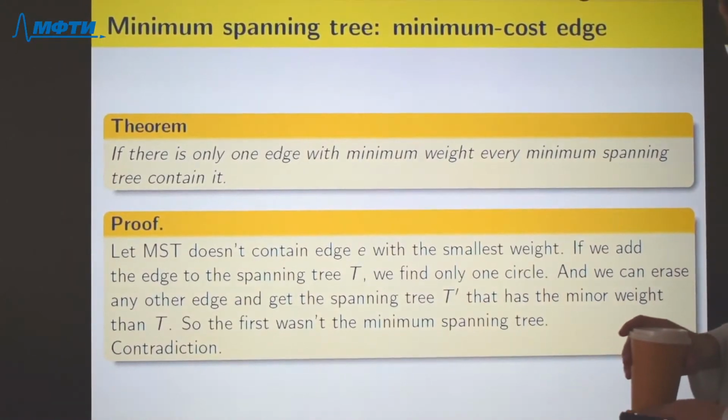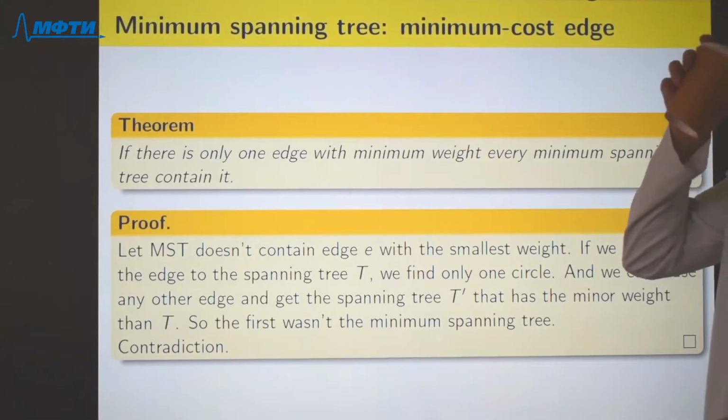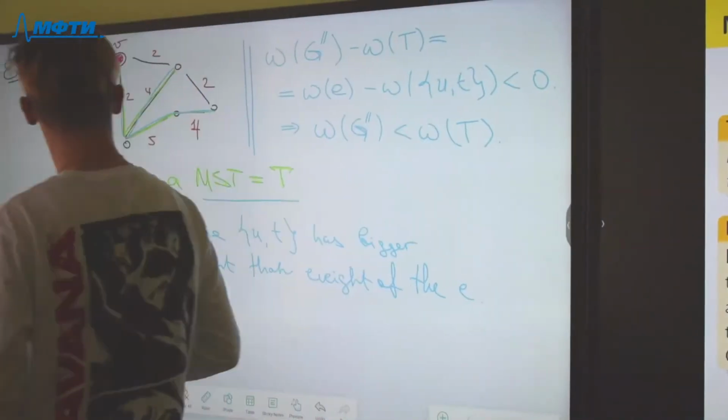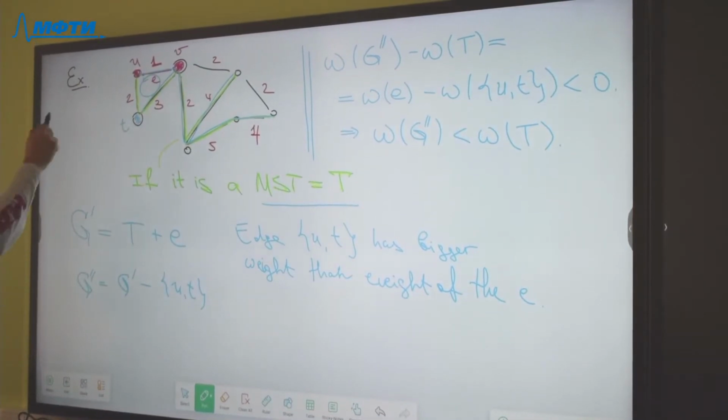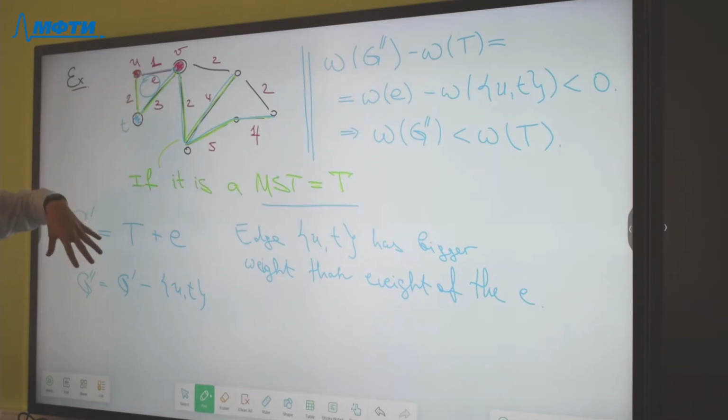And in this proof, I shortly wrote this explanation. But what is the minimum spanning tree in this graph? I think not T or G with 2 primes. It was only an example that if we have a tree without the minimal edge, we can find a tree with smaller weight.